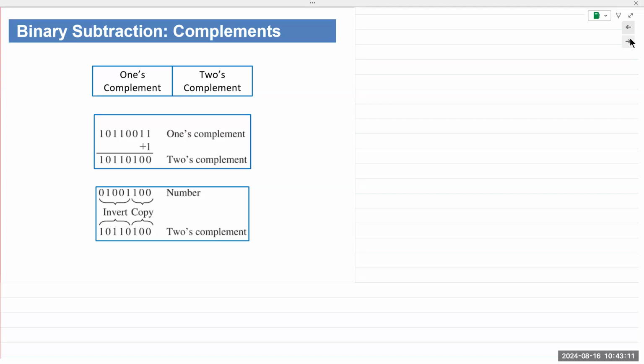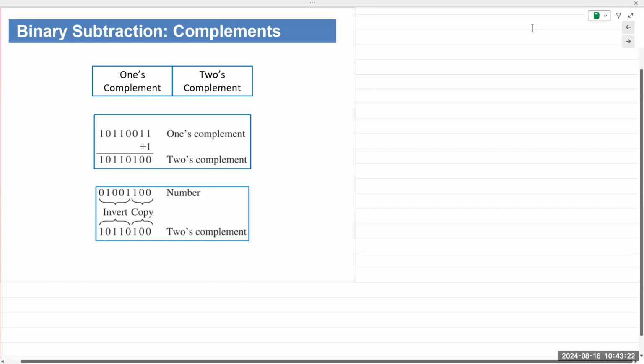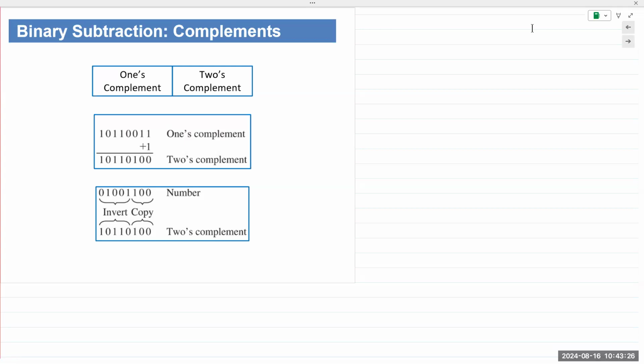So we say that the circuit is performing addition, but it's not a sentient being performing addition. Subtraction, however, has no implementation. So the way we implement subtraction is by adding. And that's where the principle of complements comes into the picture.